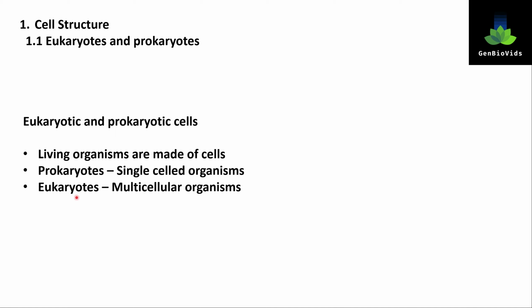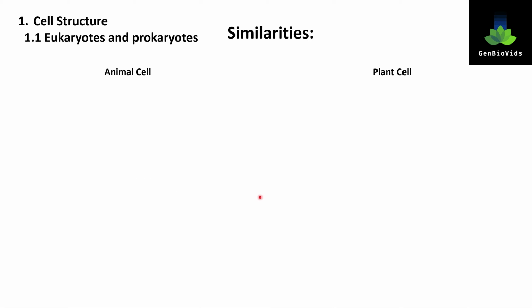So if you think of us, we are eukaryotes because we have skin cells, heart cells, muscle cells, and all these cells carry a different function. So it's often said that prokaryotes are very simple organisms, like bacteria, and eukaryotes are a lot more complex, like us.